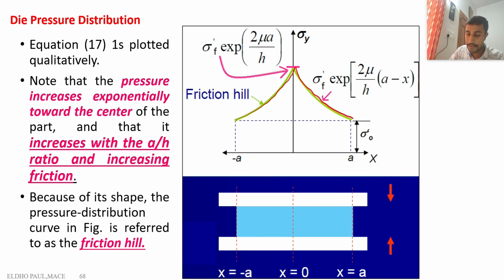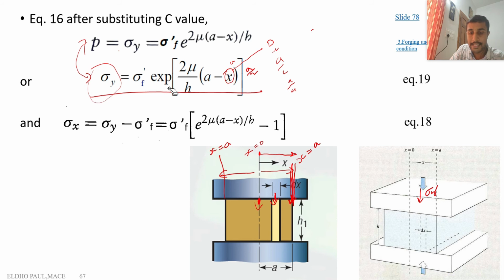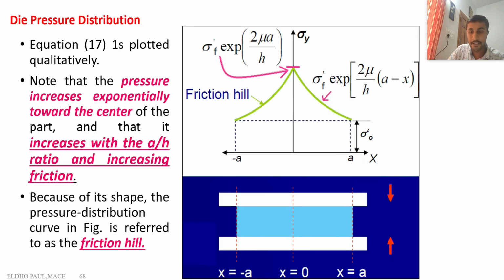This sigma y curve is actually exponential. What is the reason for that? Here we can see e raised to the power of 2 mu by h times a minus x. So any variation in x value will correspondingly give an exponential variation in sigma y.